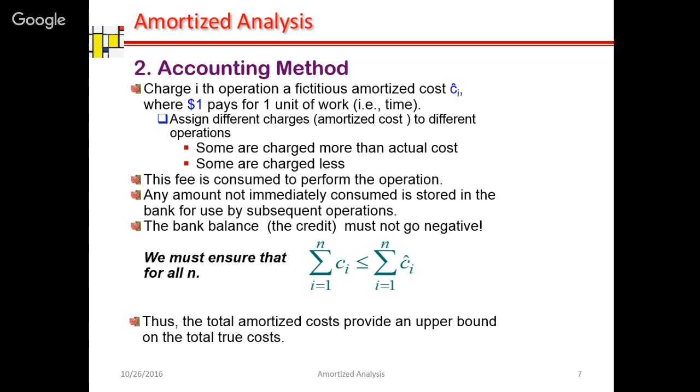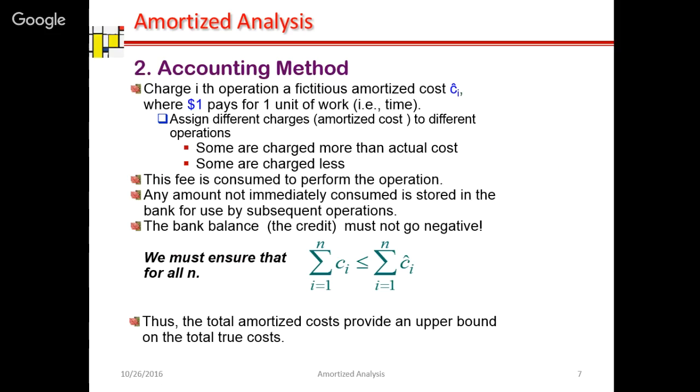Method number 2 is the accounting method. In this case, we charge the ith operation a fictitious amortized cost c-hat sub i, where $1 pays for 1 unit of work, or in other words, time. So we assign different charges, the amortized cost, to different operations.